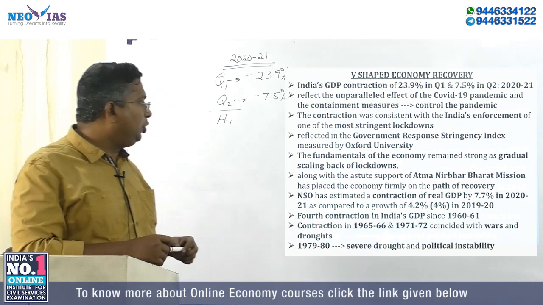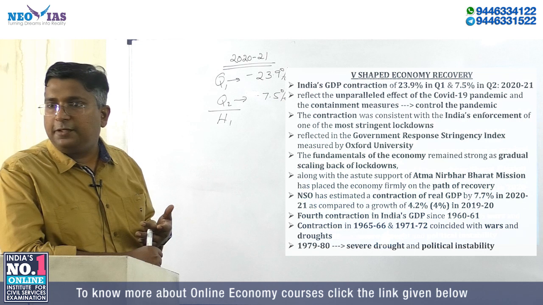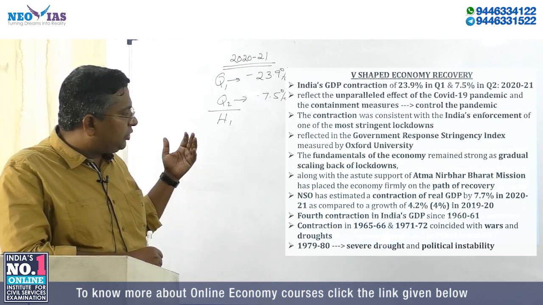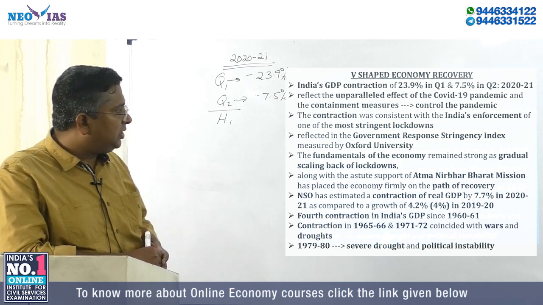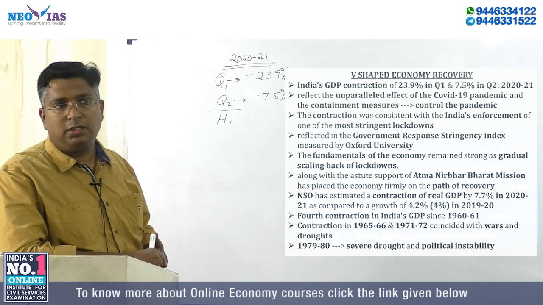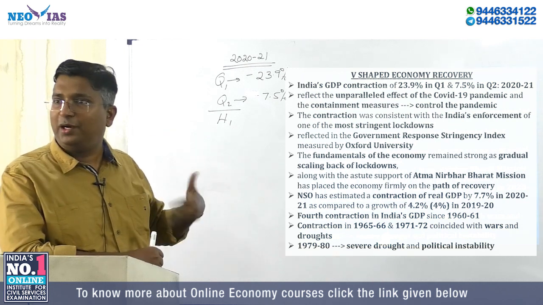It is released by Oxford University. According to this Oxford University index, India is one of those countries where we had the most stringent lockdown, and we have faced it. No need to explain. Everyone has faced it.